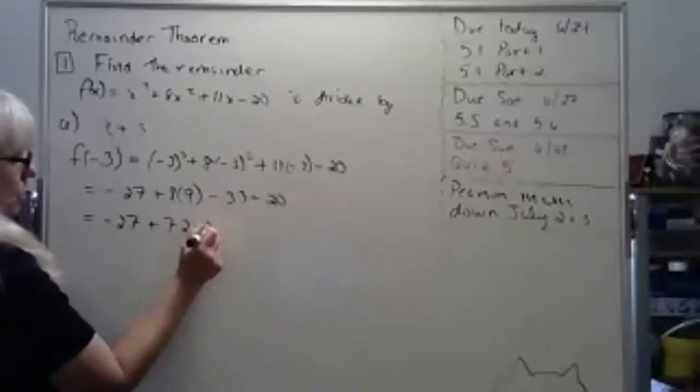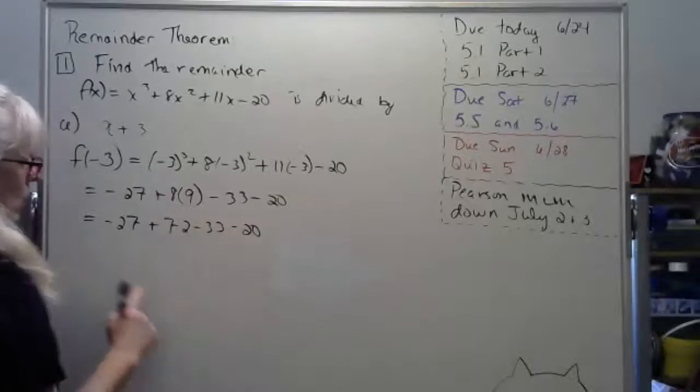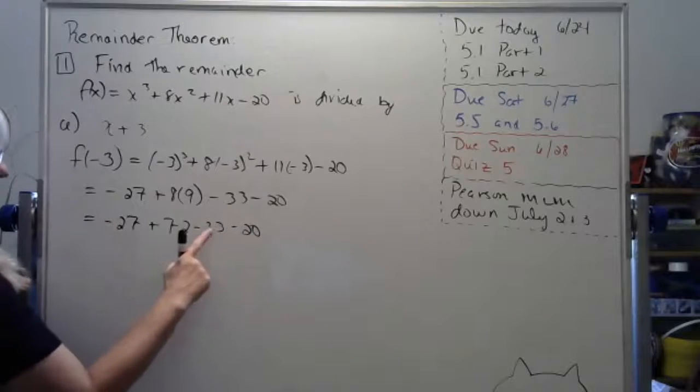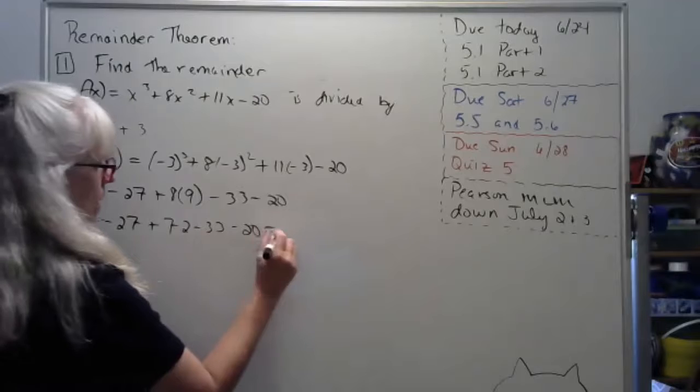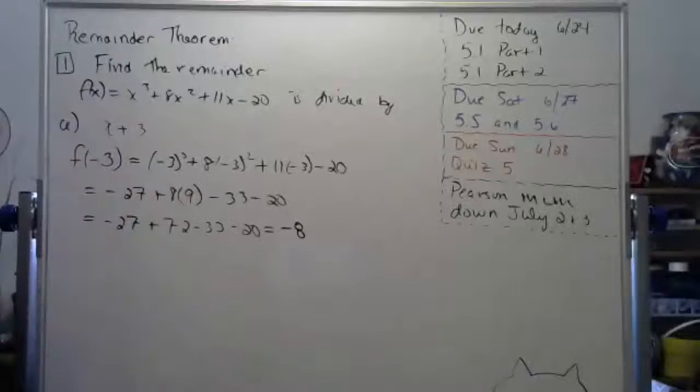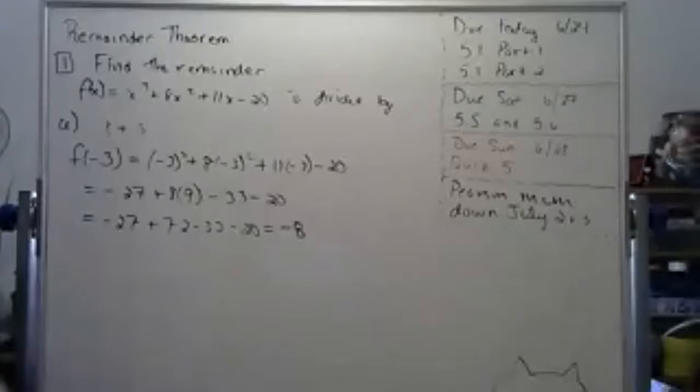That's 72 minus 33 minus 20. Okay, so negative 27 and negative 33 is going to be a negative 60. That makes it a negative 80, and with the 72 I get a negative 8. So if I've done my arithmetic correctly, I get a negative 8. So again, what is this saying?